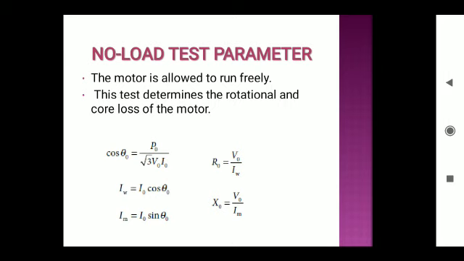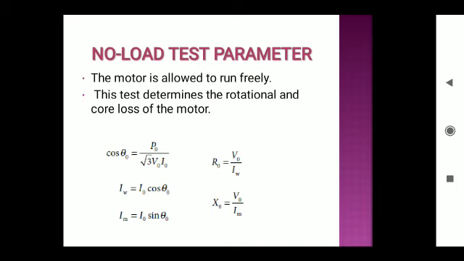This R0 is responsible for eddy current loss, and X0 is responsible for hysteresis loss. So by using the open circuit test, we can measure the no load parameters.